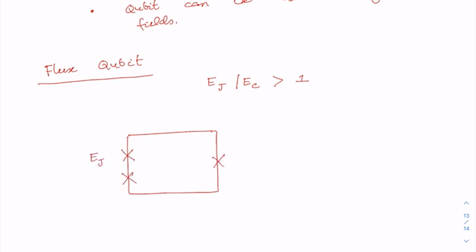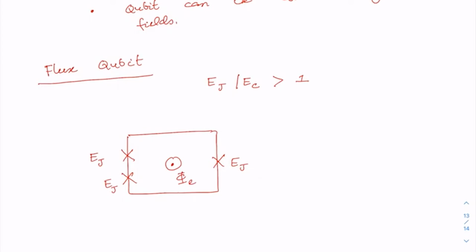So this is the flux qubit. Here EJ is greater than EC, so the Josephson energy dominates over the charging energy, and this is getting coupled to an external magnetic field.